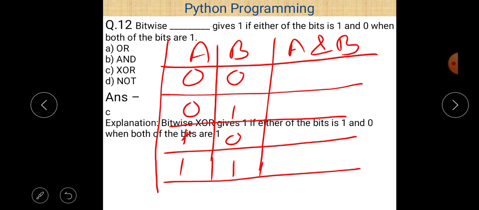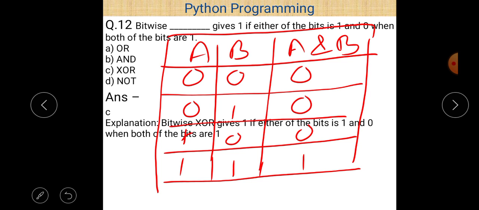Now according to the definition of the AND, if both inputs are 1, then output is 1, otherwise output is 0. So this is the truth table of AND. Remember the definition: if more than one input is there, then we can say that if all inputs are found to be 1, then output is 1, otherwise output is 0.